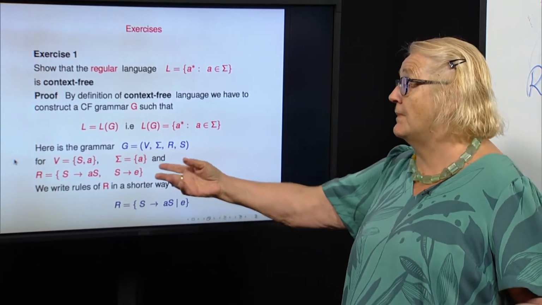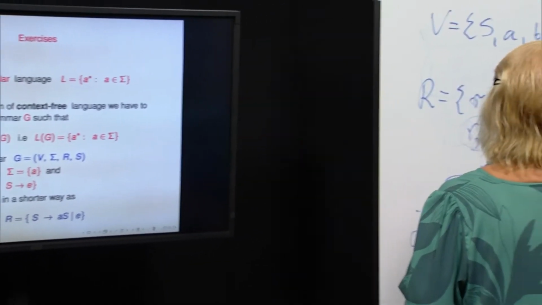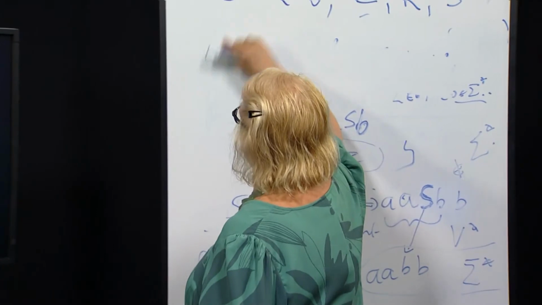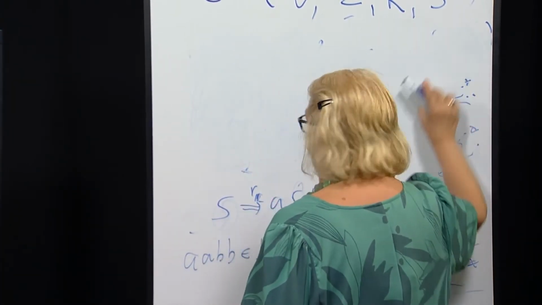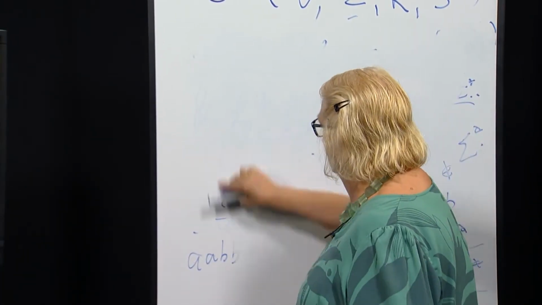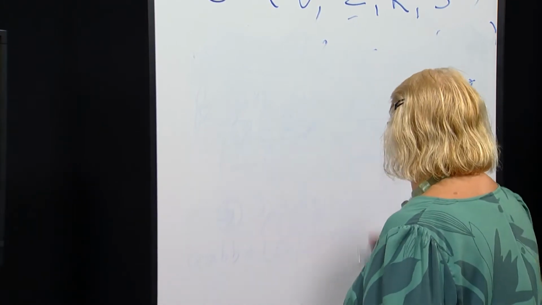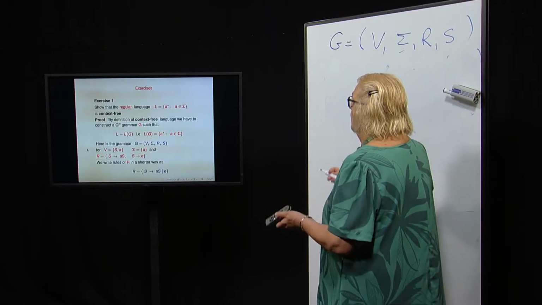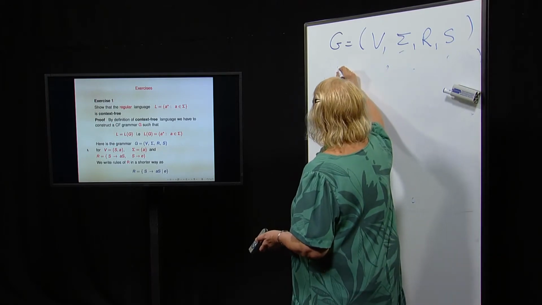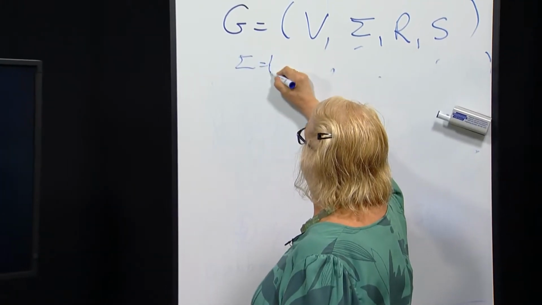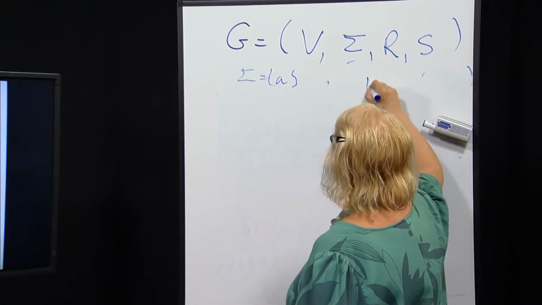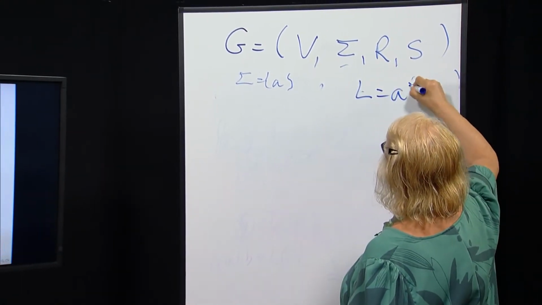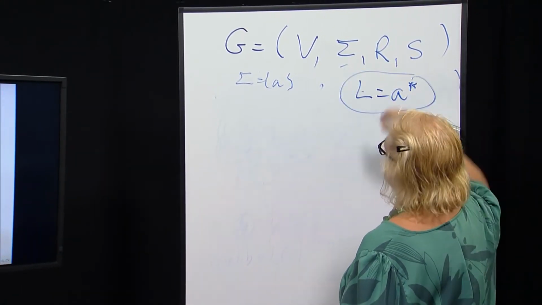And what is the grammar? The grammar is as simple as it can be. I want to introduce a new notation. So now we define a grammar with sigma having only one element, because I want to have the language A star.